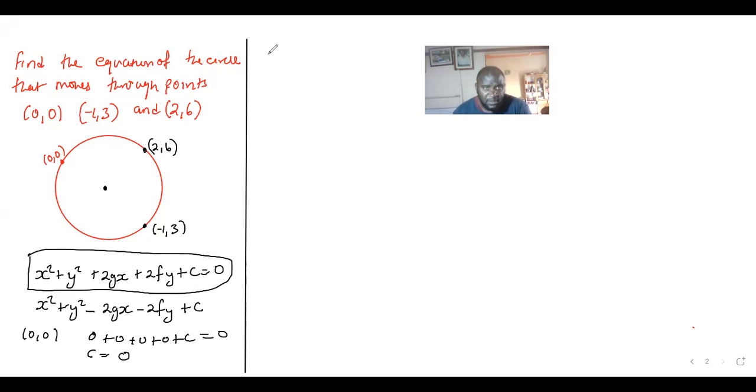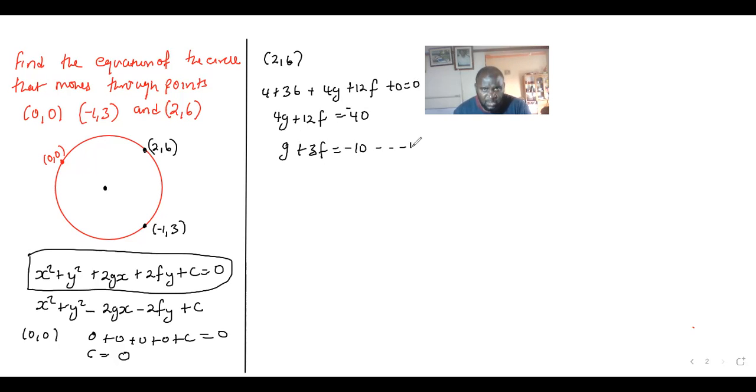So if c is 0, at the point 2, 6, we shall have 4 plus 36 plus 4g plus 12f plus 0 is equal to 0. Do you realize that we get 4g plus 12f is equal to negative 40, giving us g plus 3f is equal to negative 10, equation 1.